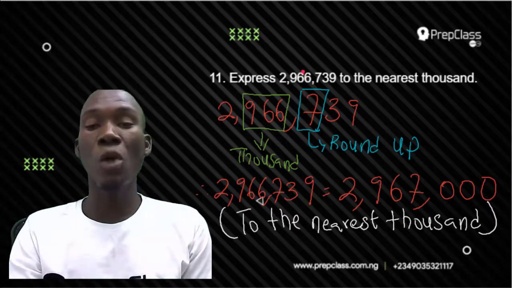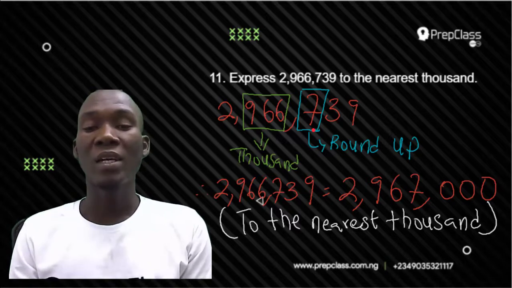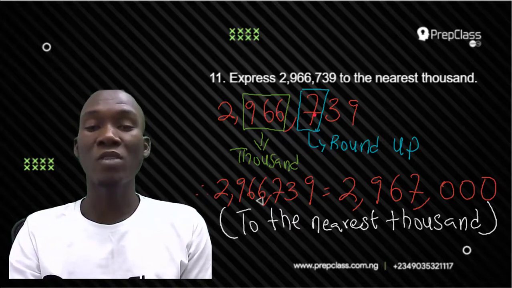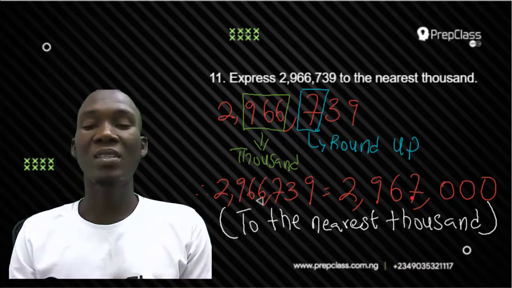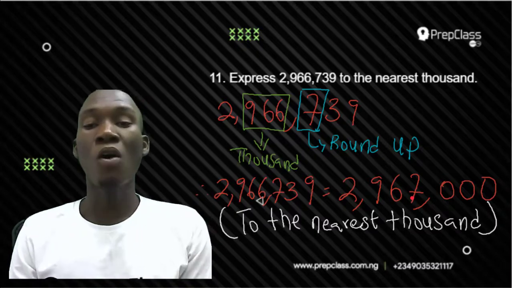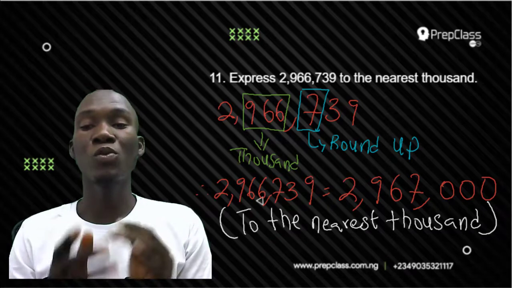So when we round up a number, it will change to 1. Now that 1 will be added to the digit before this particular 7 here. So the digit here is 6. When we add 1 to 6, we are going to get 7. So this is giving us 2,967,000 to the nearest thousand. So that is how we round up numbers to any form.